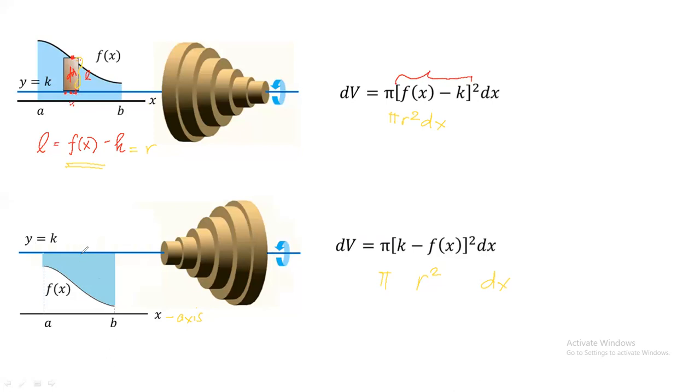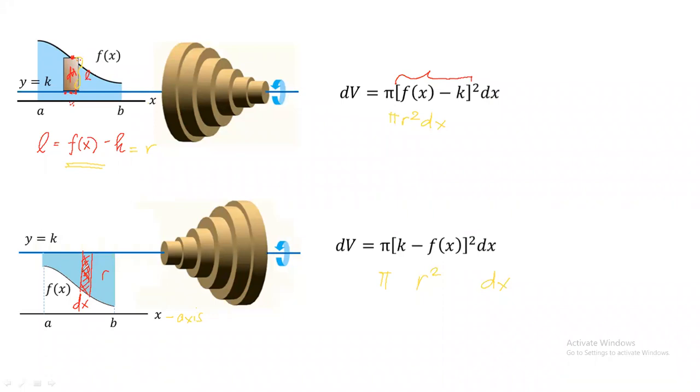You want to determine the volume of the solid formed when this particular blue shaded area is rotated around y equal to k. So this should be your r, right? And this is your dx. If you want to find the dV, then pi r squared dx is the formula.